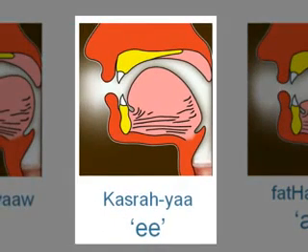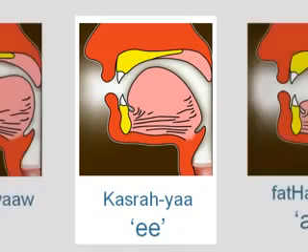The second one is the kasrah ya. So when we say ee, remember with kasrah we normally smile when we say it, and you'll notice again the air is traveling all the way from the bottom of the throat all the way through the oral cavity and out through the lips. And when you say ee, the middle of your tongue will rise, but enough gap is left for the air to go through.